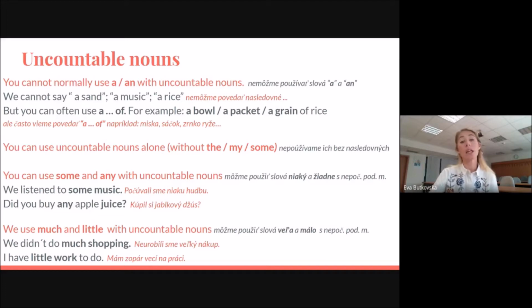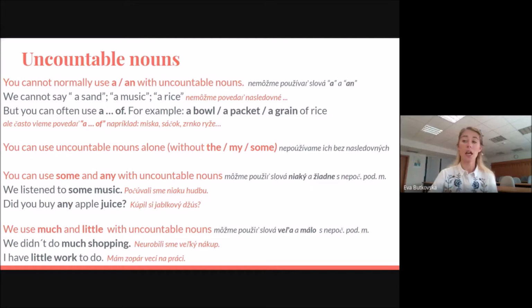But with uncountable nouns, we do not use many and few, but we use the words much and little. So if I want to say a lot with an uncountable noun, I say much. So for example, I didn't do much shopping, or there isn't much milk left.